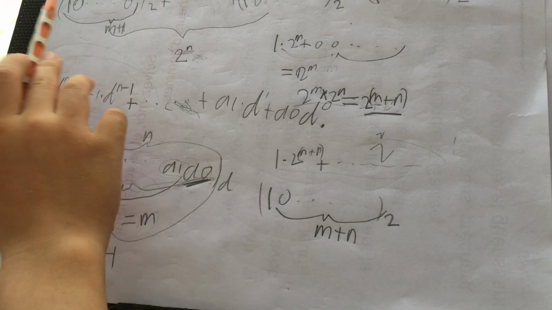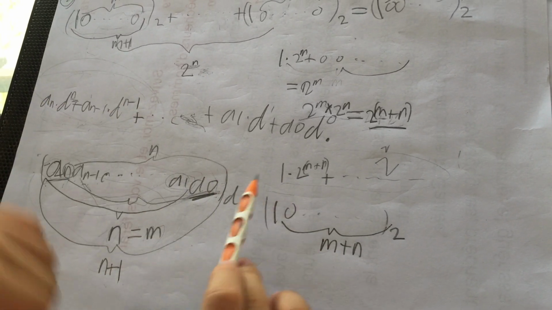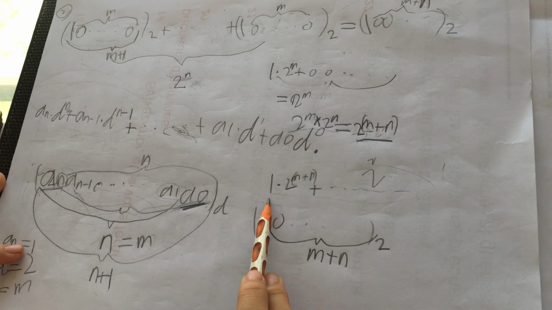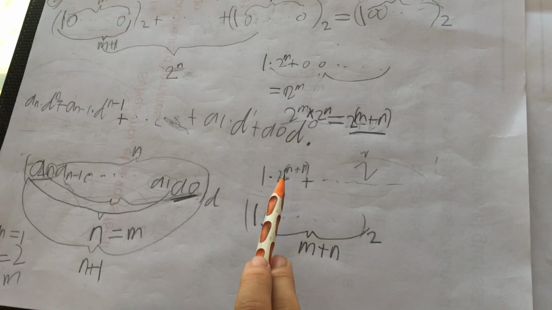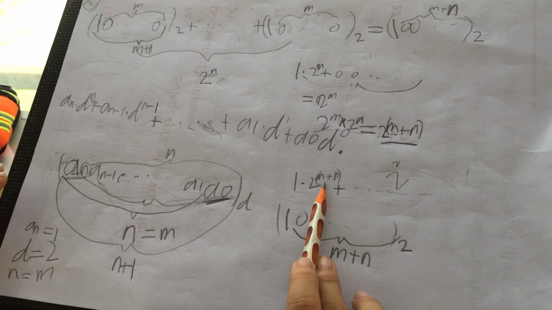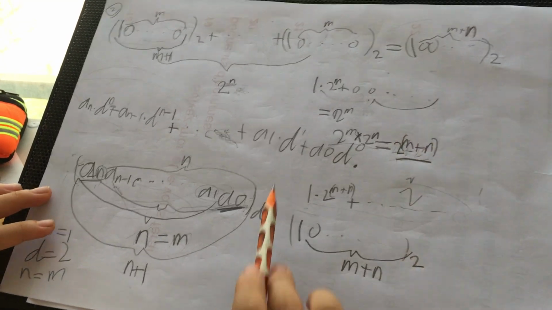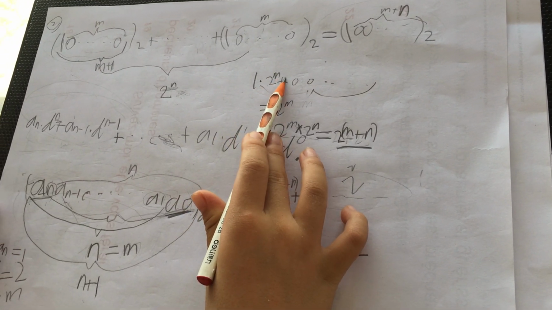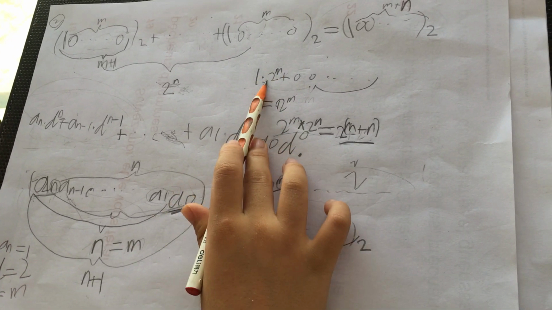So the decimal number of this is 1 times 2, because B equals 2, to the m's power, which I mentioned earlier.